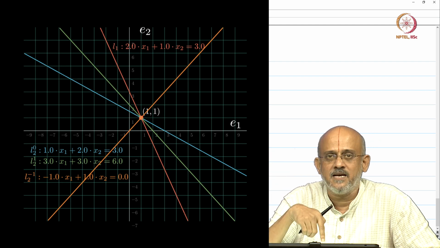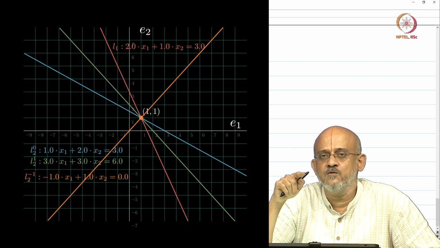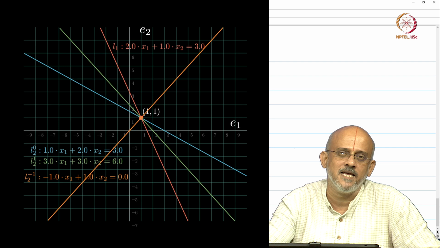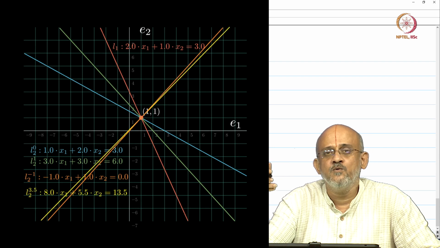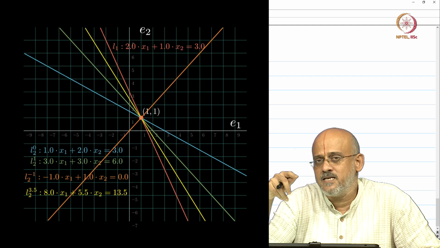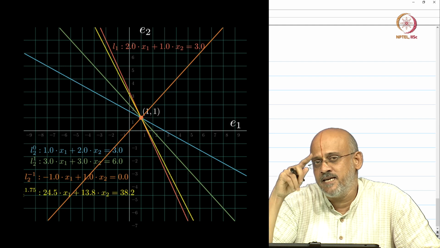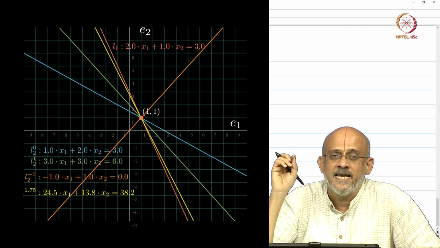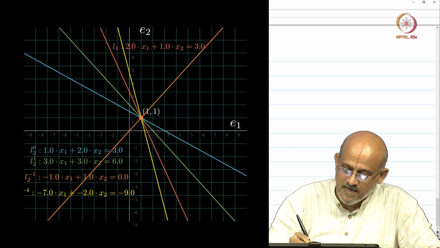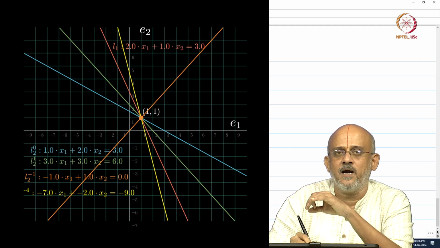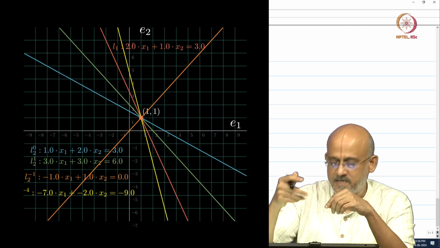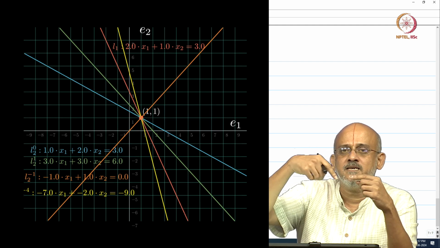When you do Ri is equal to Ri plus k times Rj, where k is some real scalar, for different values of k you end up getting different lines, and all these lines intersect the first line, hinged at the same particular point. It is like taking a nail and hammering it at the point 1 comma 1, and then rotating the second line, which was L2 of 0, by changing the values of k.